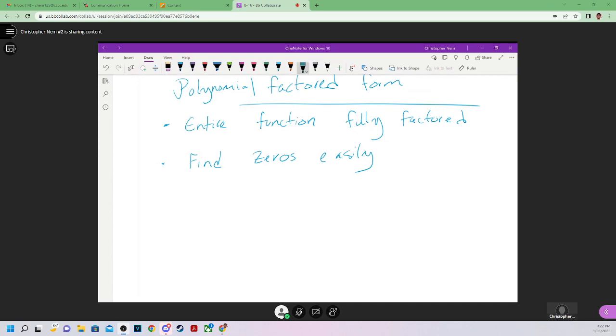So if I have a polynomial p of x, factored form is going to be in the form of, and I'm just going to use some value a, a times x minus c1, x minus c2, and this is going to keep happening, all the way to x minus cn.